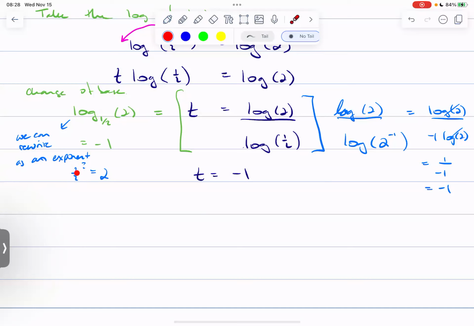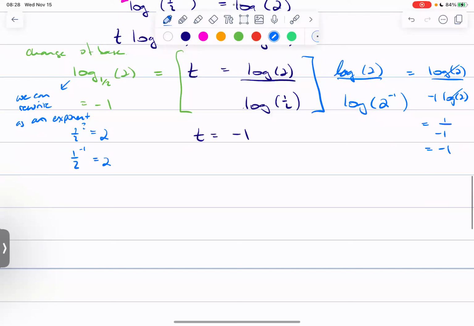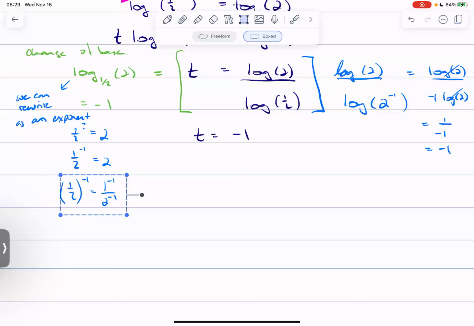to move it upstairs, right? And let's see how that works. 1/2 to the -1 is equal to 2. By the exponent rules, I can rewrite 1/2 to the -1 as 1 to the -1 over 2 to the -1.